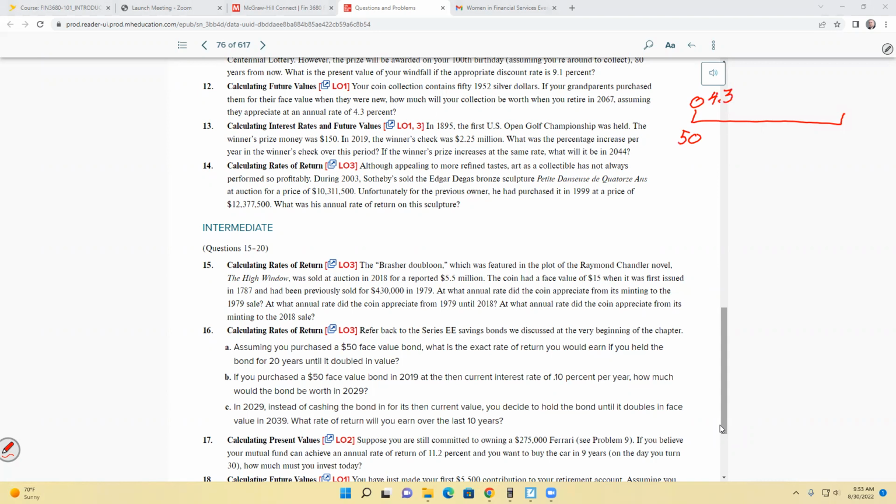From 1952 to 2067, how many years do we have? 115 years, right? So what's your retirement worth? $333.82.